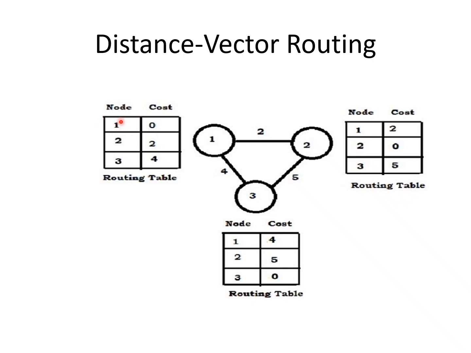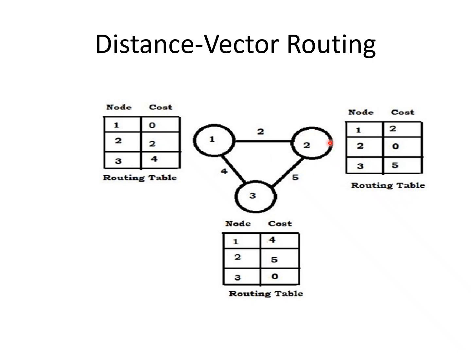From 1 to 1, the distance is 0. From 1 to 2, the distance is 2. To 3, the distance is 4. This is the routing table for node 1.